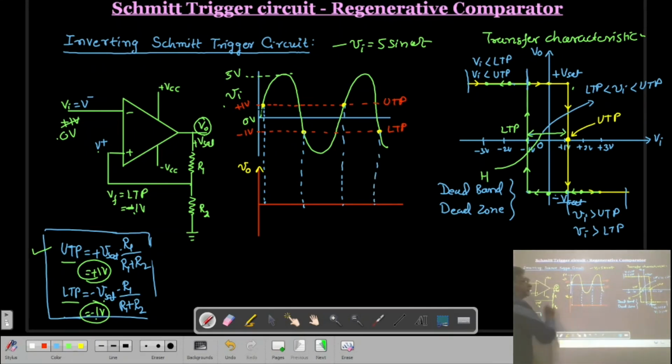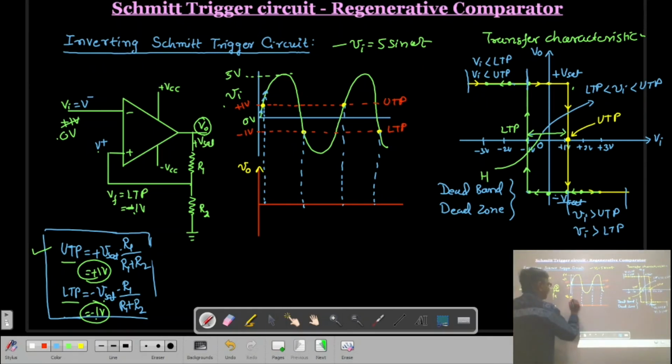Now here you can see the input voltage is crossing the UTP with a positive slope, meaning it is increasing. And if you remember, in a previous stage I already mentioned that if the input is crossing the UTP, then the output will change from plus V saturation to minus V saturation.